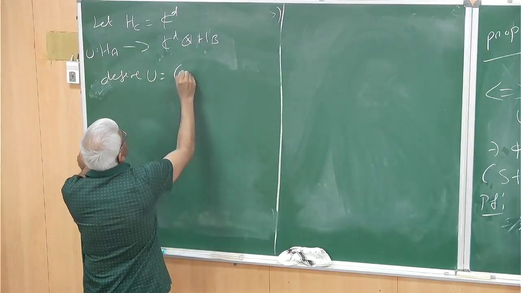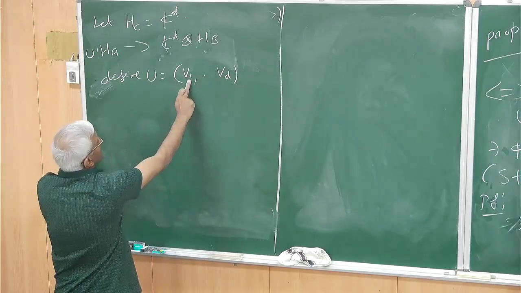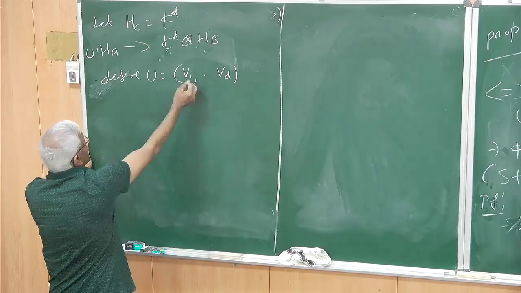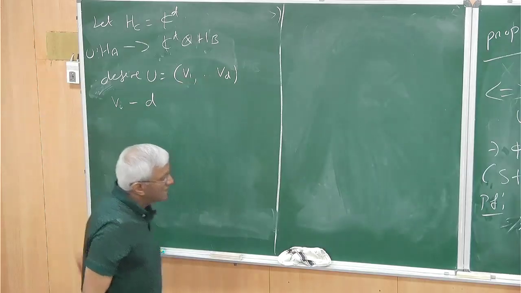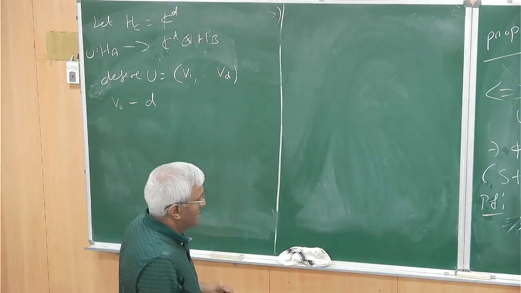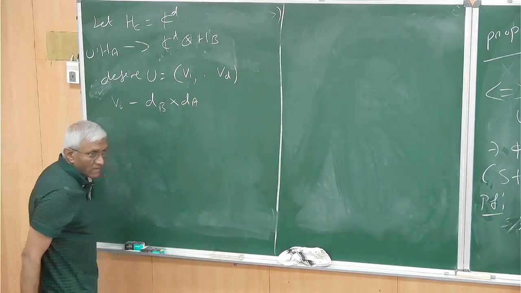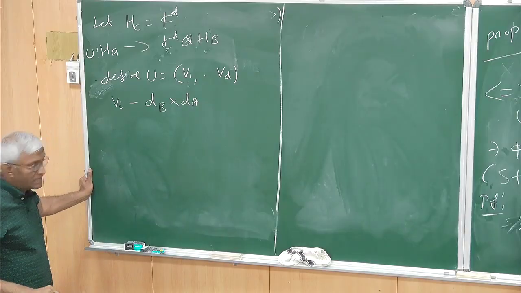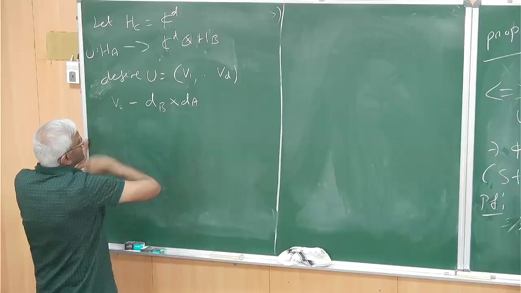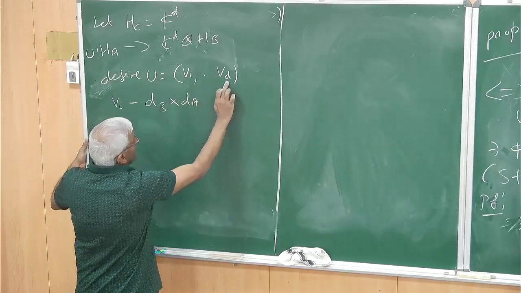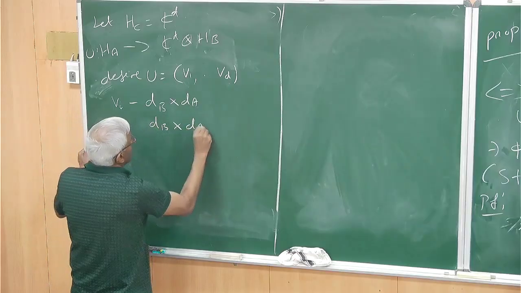Let me write it: V_1 to V_d. The V_i are from H_A to H_B, so that should be d_B cross d_A matrices. These are all d_B cross d_A matrices, and there are d of them. So this is going to be d_B cross d_A times d.